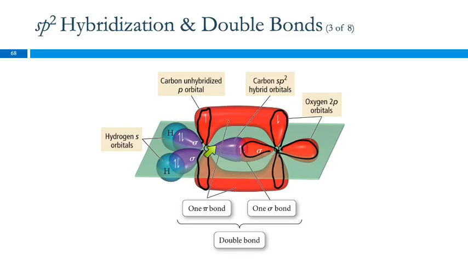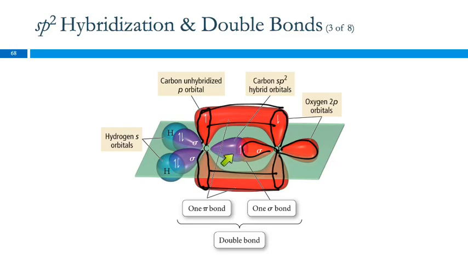So one of these p orbitals will overlap with the sp2 hybrid orbital from carbon and make a bond. This one is perpendicular to that one. It's at right angles, and they can't bend around. So how can this one overlap with anything over here? It can overlap with an unhybridized p orbital, and it does that through a side-to-side overlap.